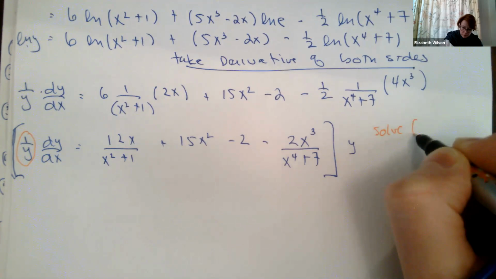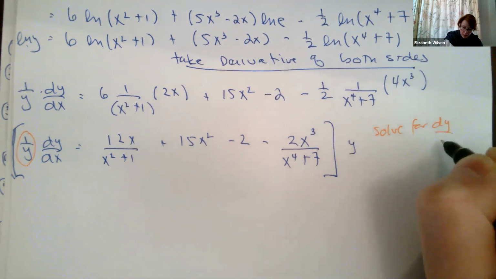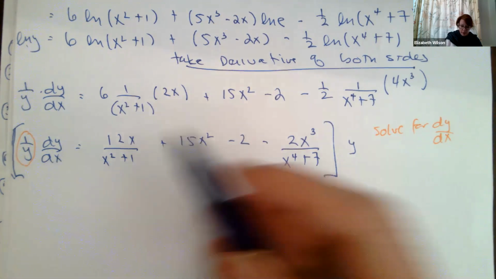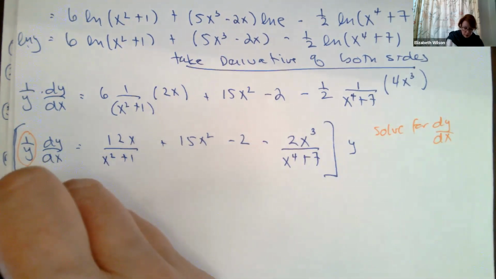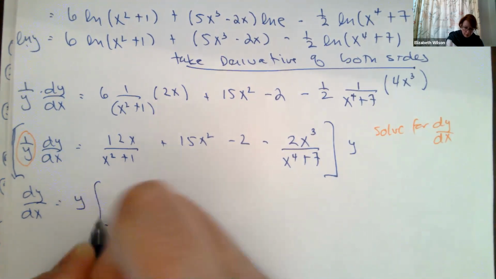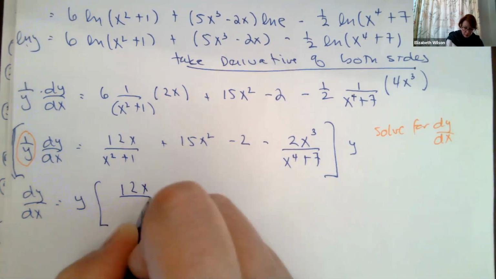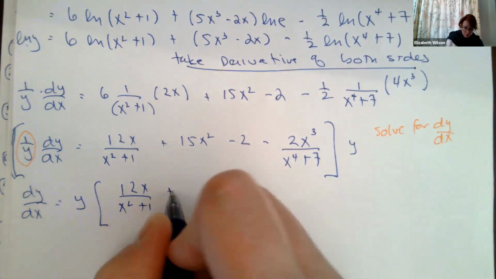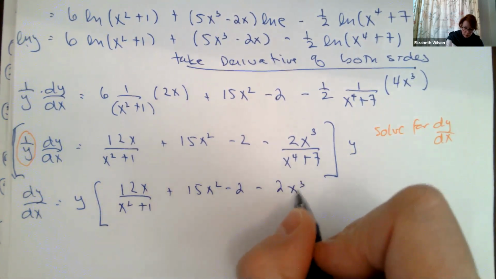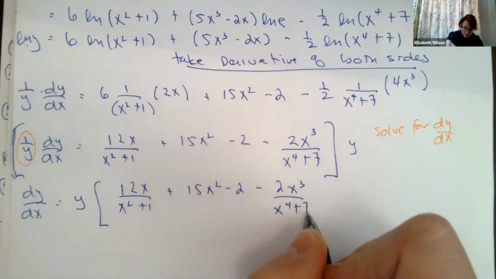I'm going to solve for dy/dx, because dy/dx is my derivative, so I have to get that alone. So dy/dx equals y times 12x over x squared plus 1, plus 15x squared minus 2, minus 2x cubed over x to the 4th plus 7.